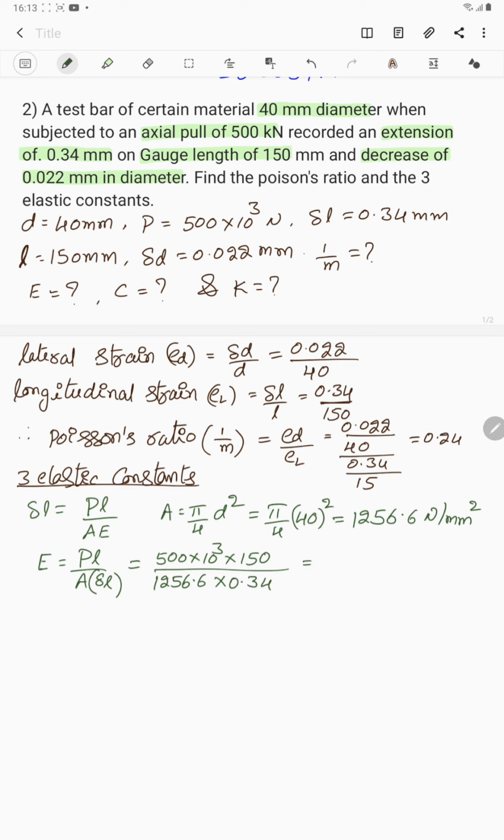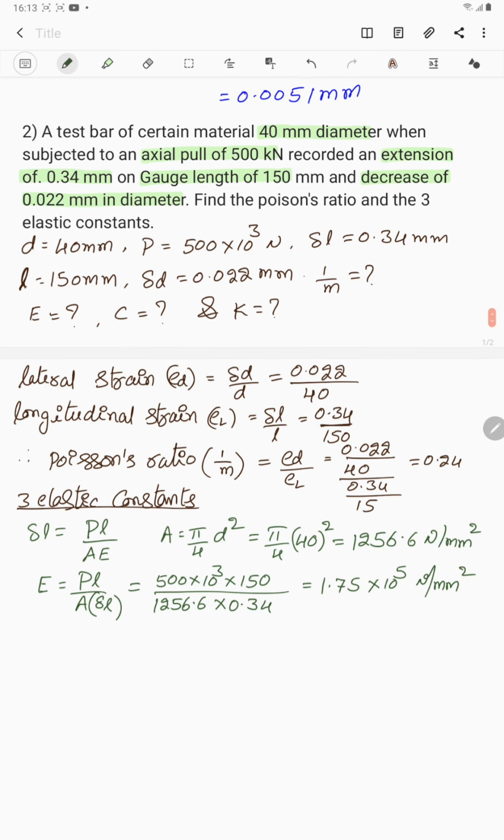You simplify this value for getting the Young's modulus around 1.75 into 10 power 5 Newton per mm square.